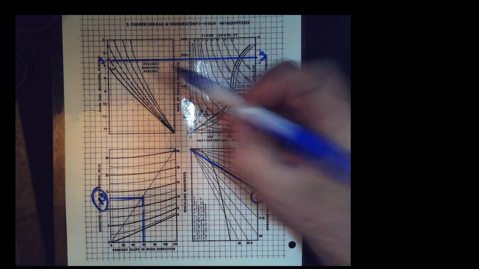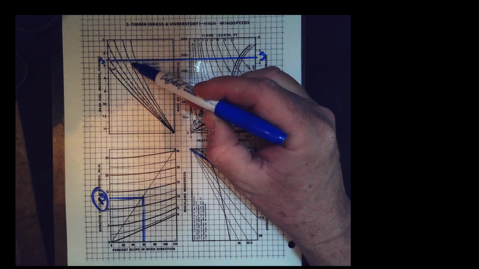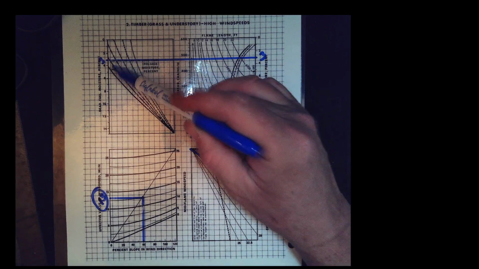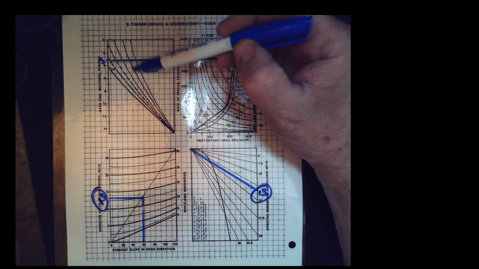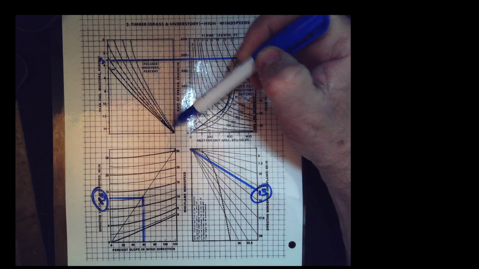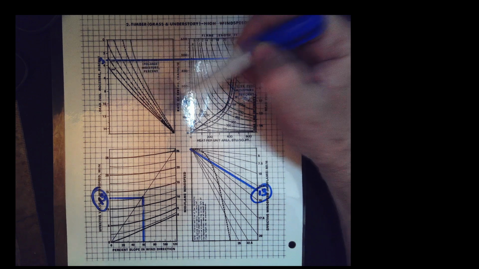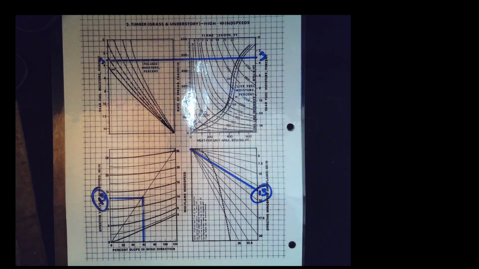I had to switch classes here, guys. So 50, 100, 150, 250, 300. So we're going to say that our live fuel moisture is going to be this line right here at 100% live fuel moisture. Okay? So now we're done with that.